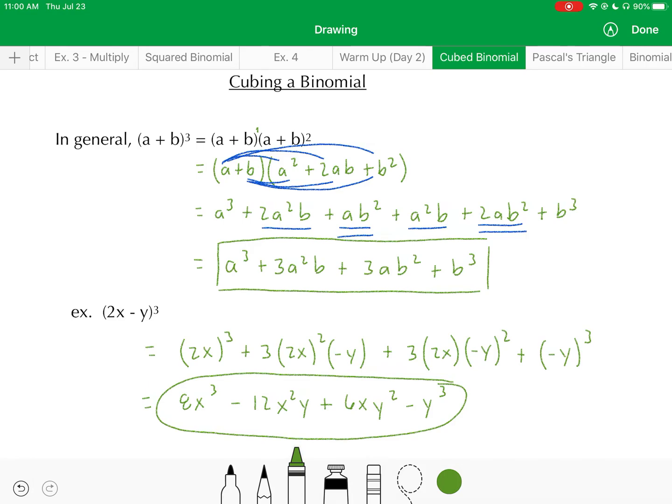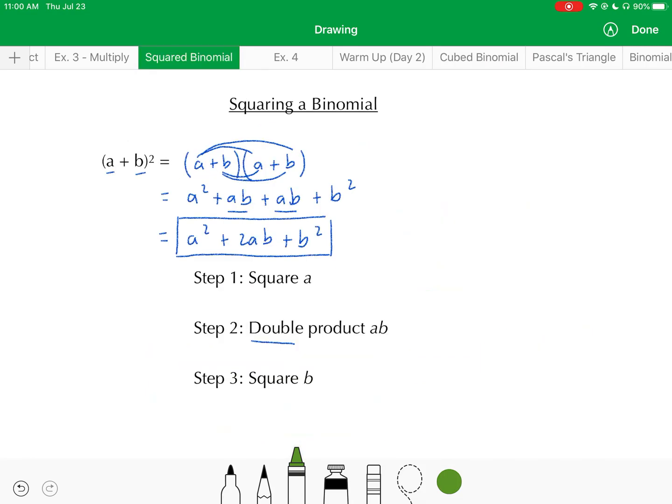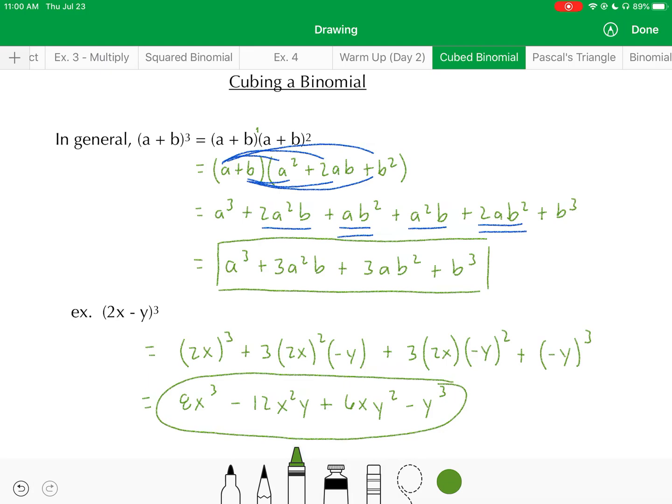All right. Now, I would say the formula that we gave you for squaring a binomial, so back here, this formula, I think that one is pretty reasonable to memorize. Cubing the binomial, it's a little bit more challenging, all right? This one might be a little challenging to memorize, okay? So that's going to lead us into Pascal's triangle, all right?